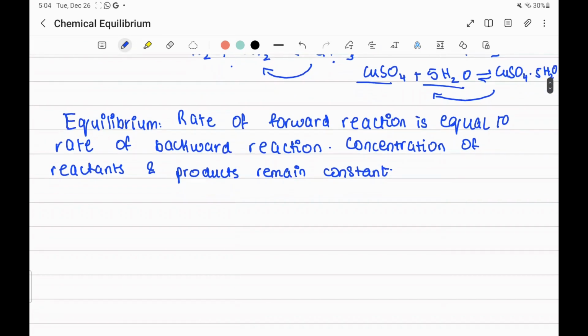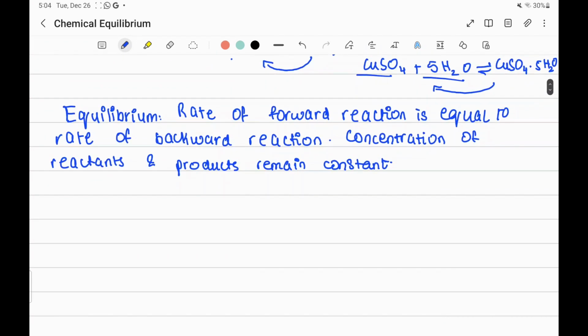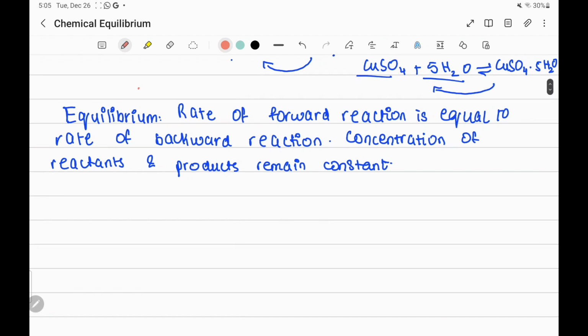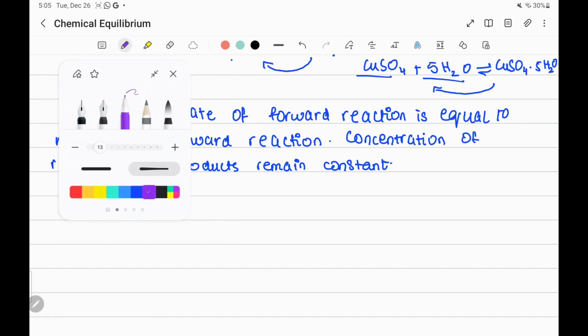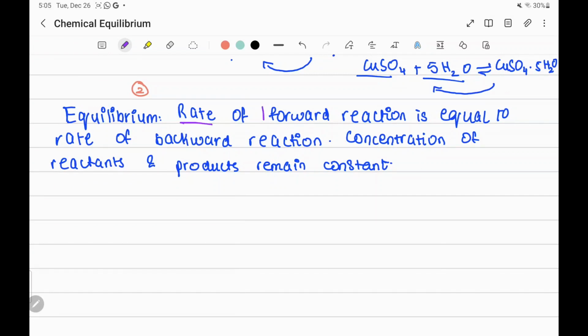Now, chemical equilibrium occurs for reversible reactions. The definition of chemical equilibrium is very, very important. It is a very common question in your paper 4 exam. It comes for 2 marks. What is equilibrium? The essential concept of chemical equilibrium is when the rate of the forward reaction is equal to the rate of the backward reaction.